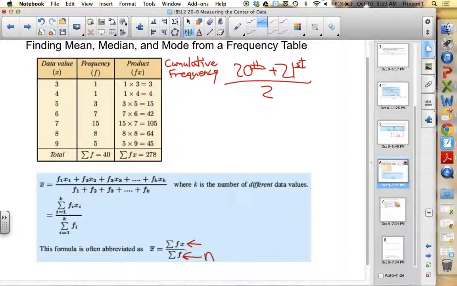How many scores are 3 or lower? Well, just 1. How many scores are 4 or lower? 2. Now we're at 5, I'm up to 5 scores. Once I get to 6, I'm at 12, and then 27, and then 35, and then 40.